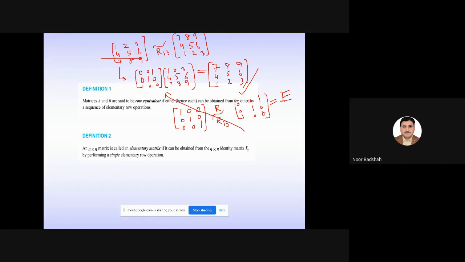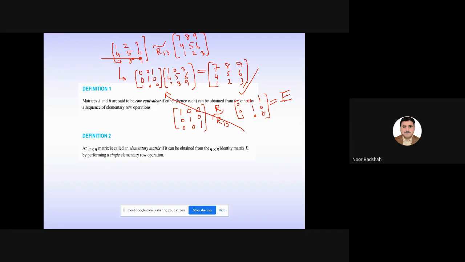So in fact, converting a matrix into echelon form or a reduced echelon form, what are we doing? We are multiplying that matrix every time by an elementary matrix.